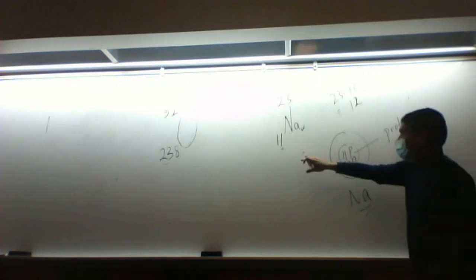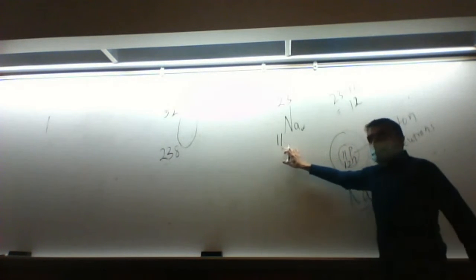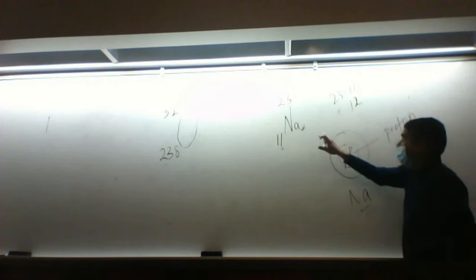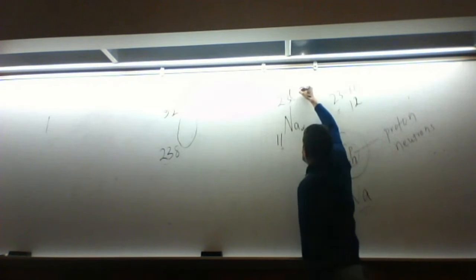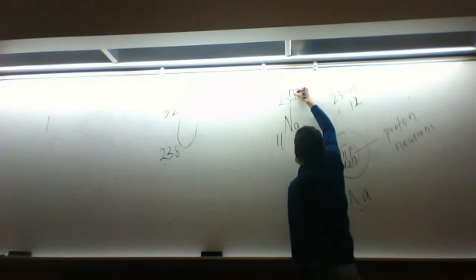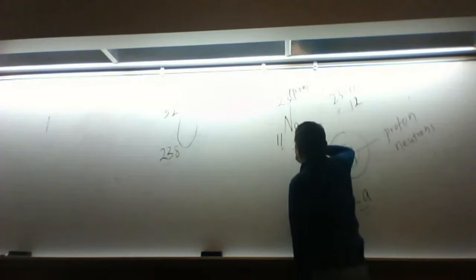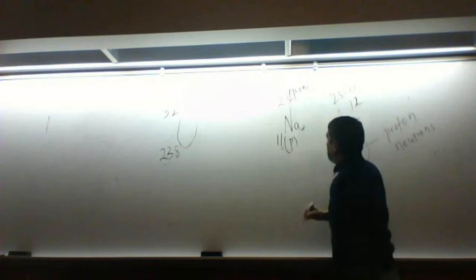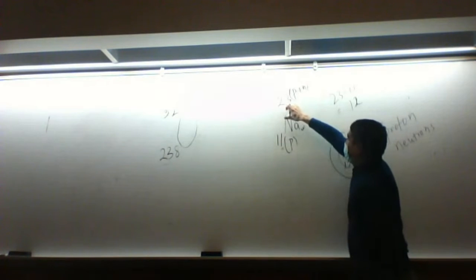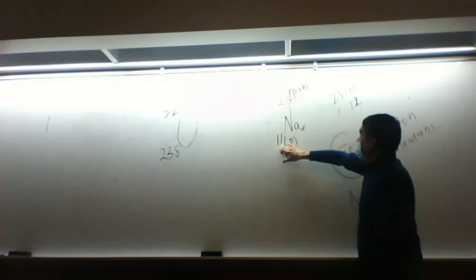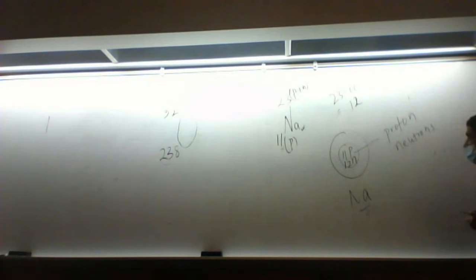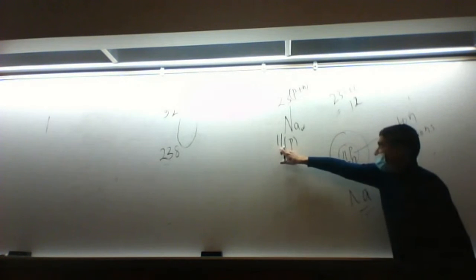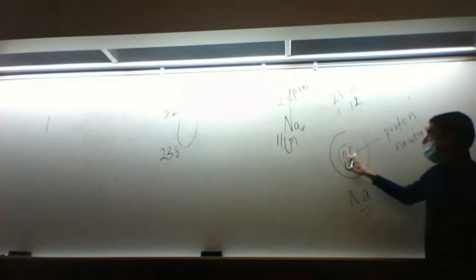So whatever you see as the small number is the number of protons, and the big number is protons plus neutrons. When you subtract the small number from the big number, you get the number of neutrons. In this one, you can easily see the small number is 11, and 11 is the number of protons.